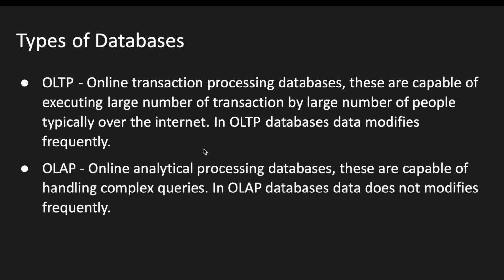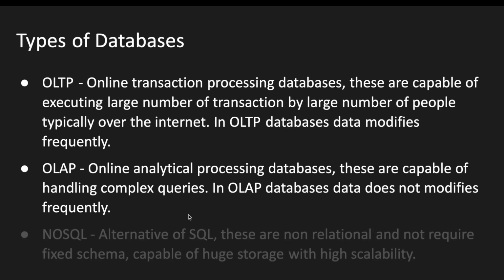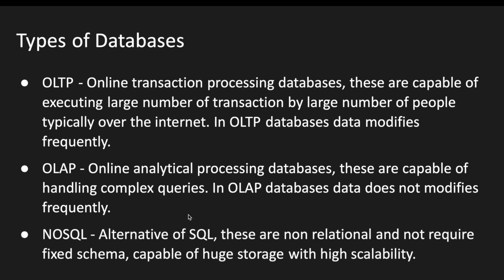In case of OLAP, online analytical processing databases, these are capable of handling complex queries. In OLAP databases, data does not modify frequently. In NoSQL, an alternative to SQL, these are non-relational and do not require a fixed schema, capable of huge storage with high scalability.